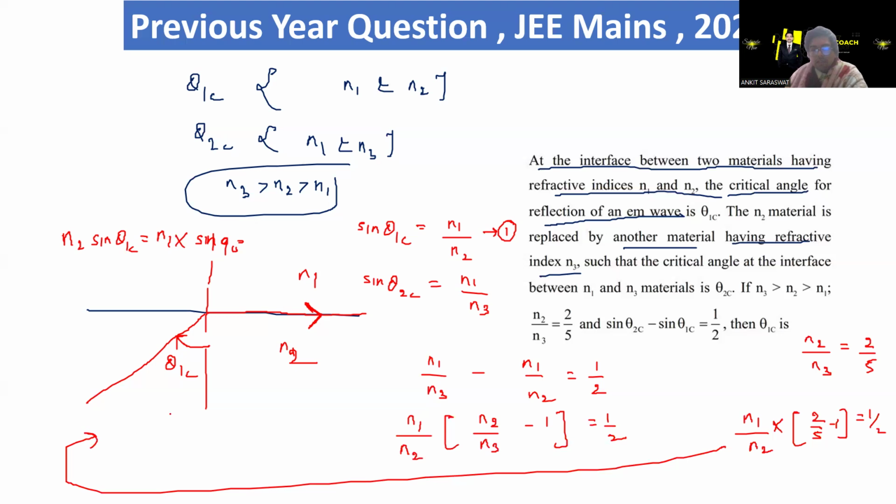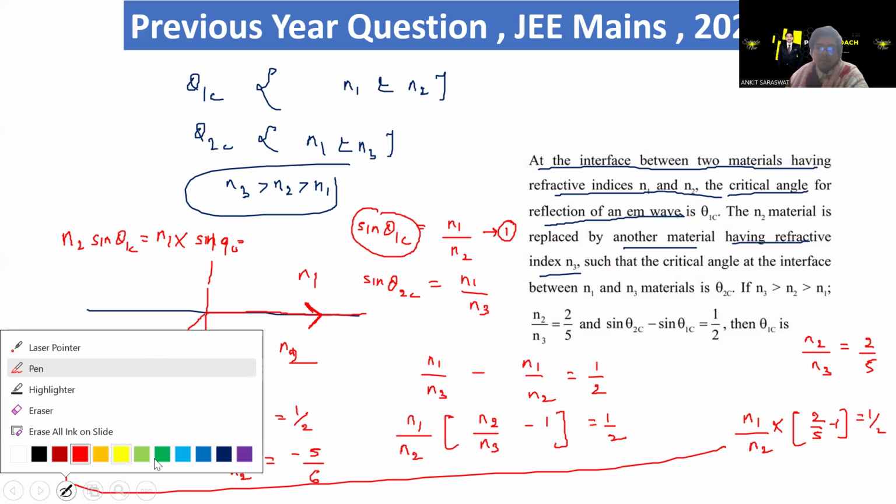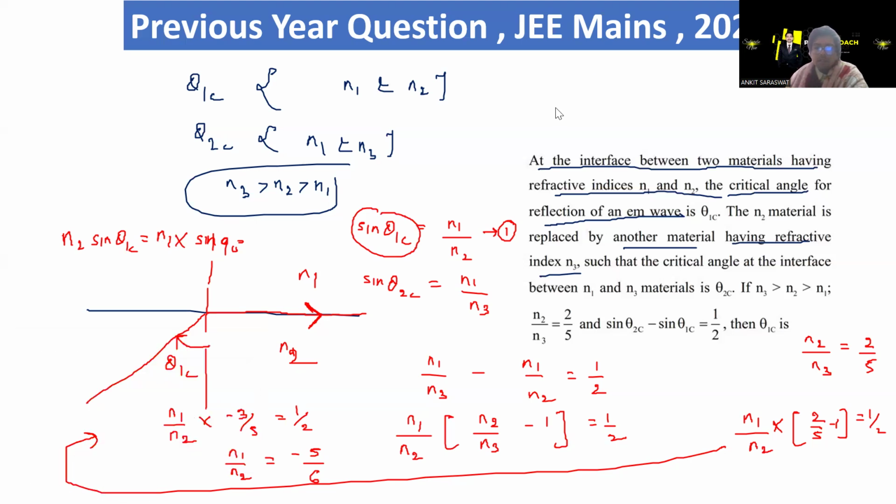So if you write here 2 minus 5, that is minus 3 by 5, is equal to like this. So minus 5 by 6. That is the value of n1 by n2. And n1 by n2, you can say this is sine theta 1c. Yeah, theta 1c I'm writing here.